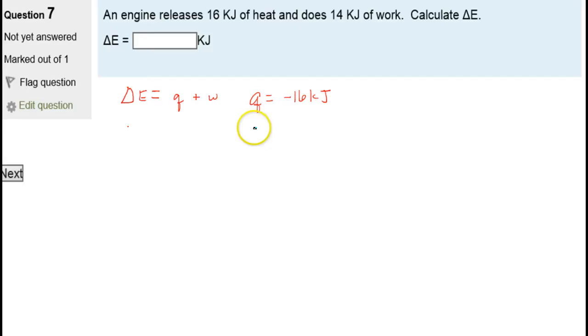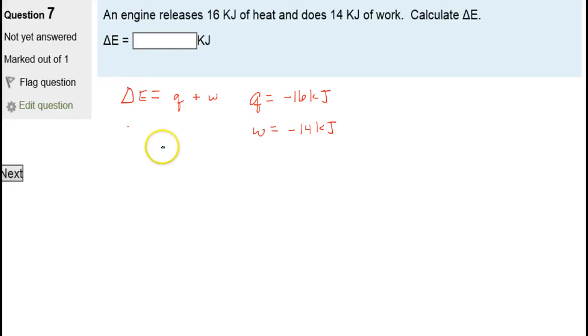Furthermore, it says that the engine, or the system, is doing 14 kilojoules of work on its surroundings. Anytime the system is doing work on the surroundings, the sign will also be negative. Anytime the surroundings is doing work on the system, then work will be positive.